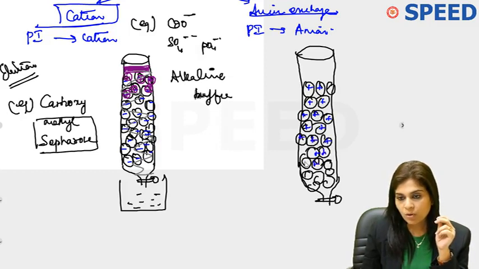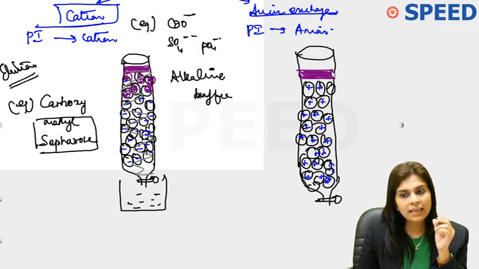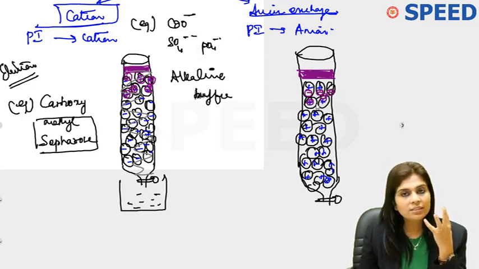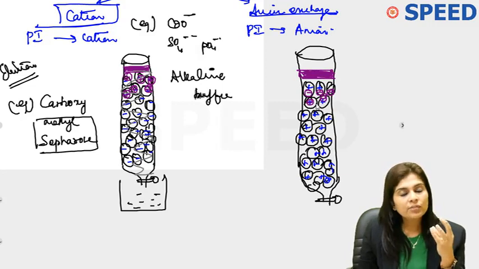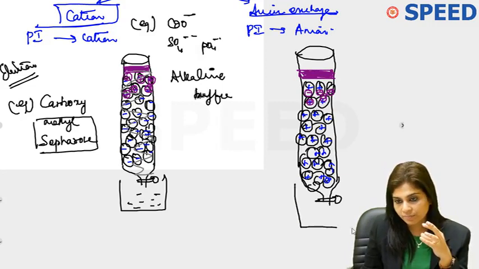So when you pour the complex protein mixture, anything which is negatively charged will be held back onto the stationary phase. Any anion that is the protein of interest to you will be held on to the stationary phase. And anything which is positively charged will be repelled and they come down first.